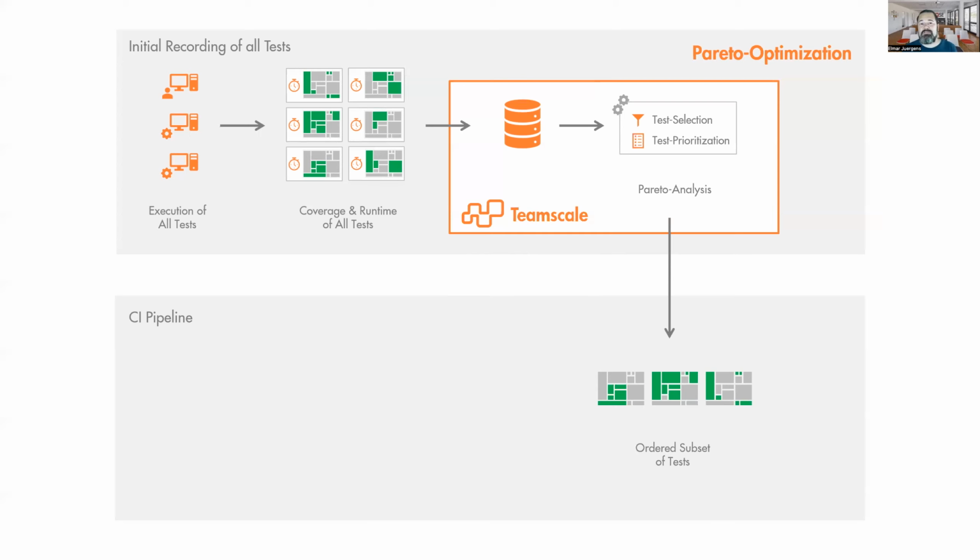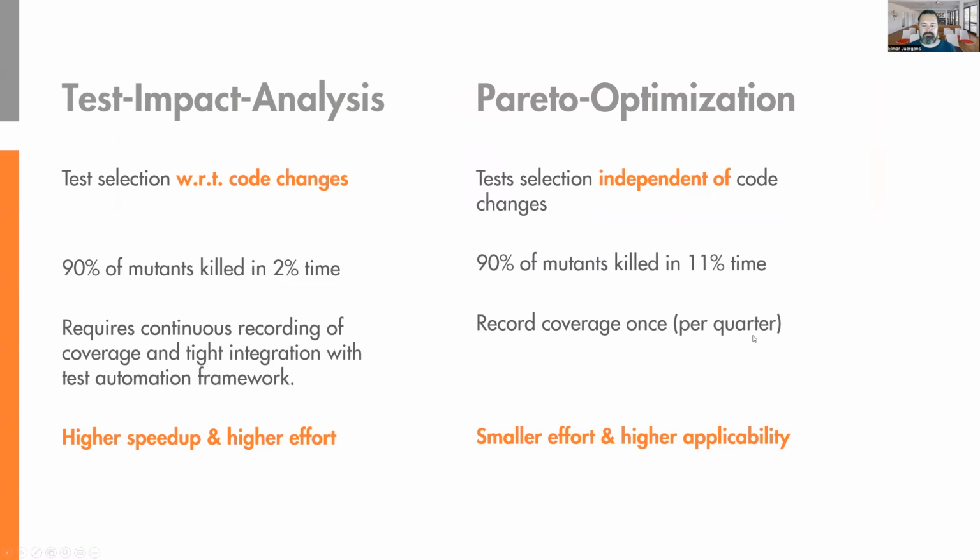I was a bit oversimplifying. Maybe we want to repeat this step every 3 months to have up-to-date coverage information. But from our experience, it's still way less work to set this up and to keep this running, and requires less hardware, and it's just easier to maintain. So let me wrap that up.